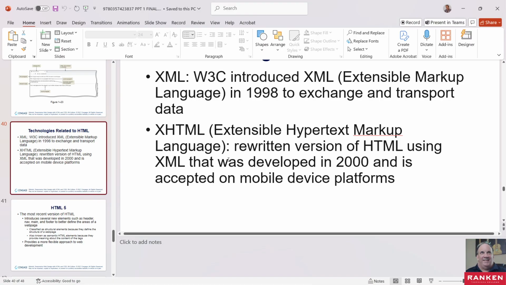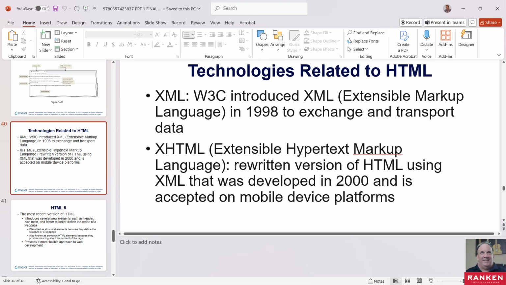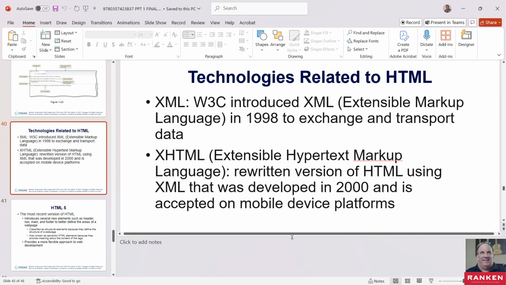So I kind of mentioned this earlier, XML. XML is another markup language. These are technologies related to HTML. XML stands for Extensible Markup Language. And it's really all about defining data and stuff.